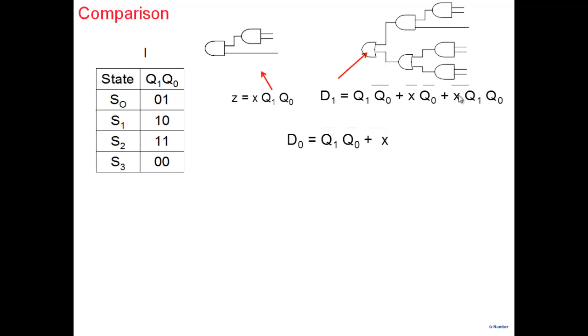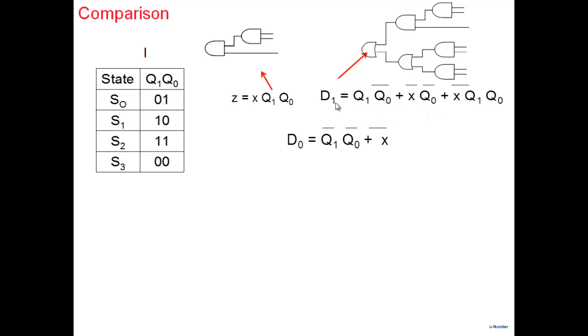In this case, if we look at it here, this is a 3-input term, so this part we implement here, and X Q0 we implement here, Q1 Q0 we implement here, and then there are these OR gates that are required here. We are implementing again using only 2-input AND and OR gates.